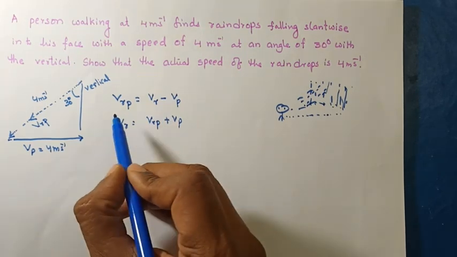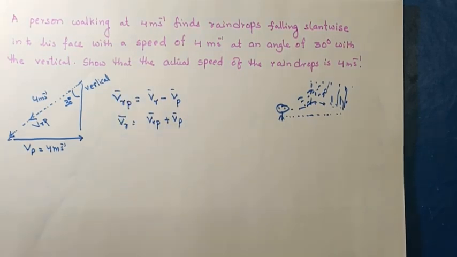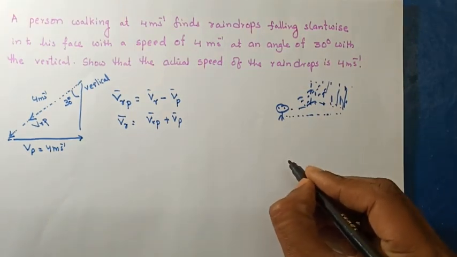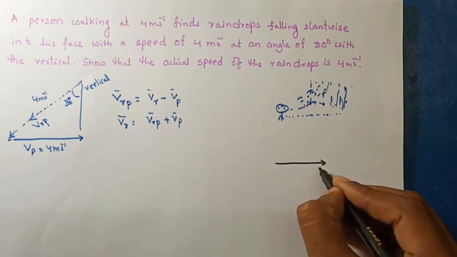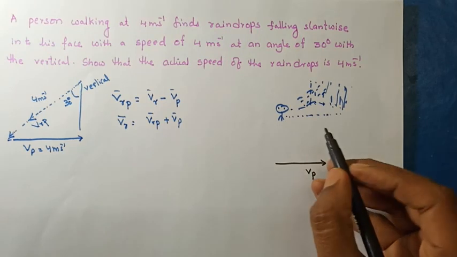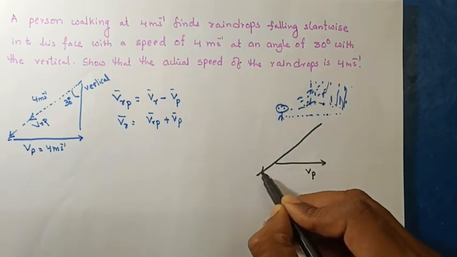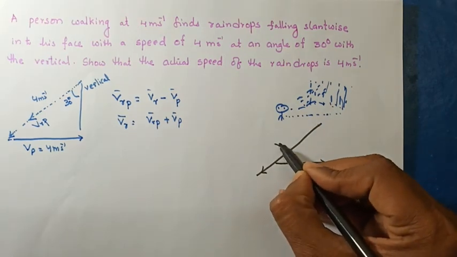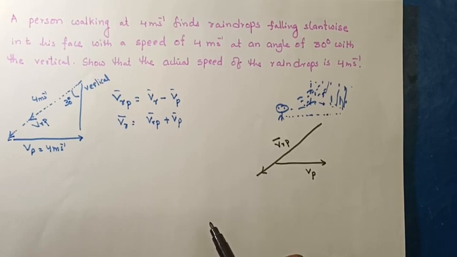Of course, they are vectors. When you want to go to magnitude, the angle is required. Now, how to find the angle actually? This is a simple vector called Vp vector, and this can be extended, which is called Vrp vector. Now, do not write the angle between this one.